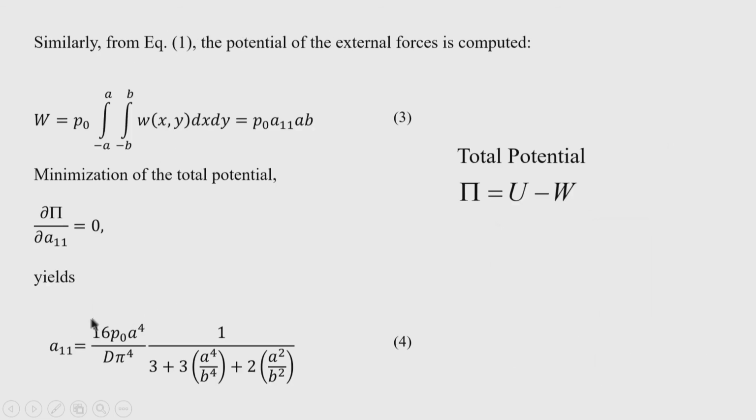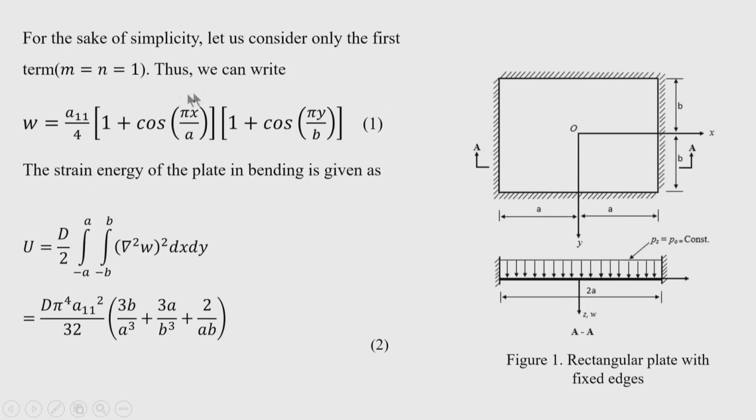Therefore, we get the A11 coefficient, which contains the load intensity and dimension of the plate and other parameters that contain the material constants of the plate, that is, the Young's modulus of elasticity and Poisson ratio, which form the flexural rigidity of the plate, that is, D is equal to E h cube divided by 12 into 1 minus mu square.